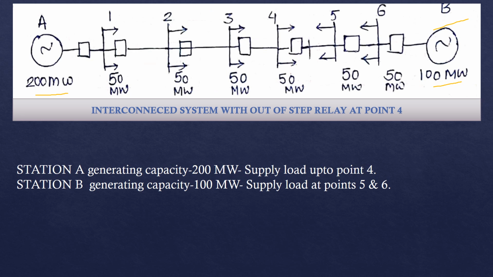Also, we have 6 buses in the system. Each bus is supplying a load of 50 megawatt. Thus, since the generating capacity of station A is 200 megawatt only, it can supply the load up to bus 4 only, as the sum of load from 1 to 4 comes out to be 200 megawatt.